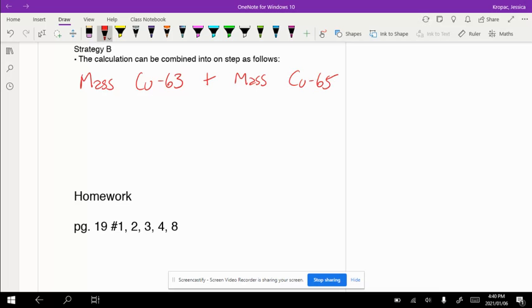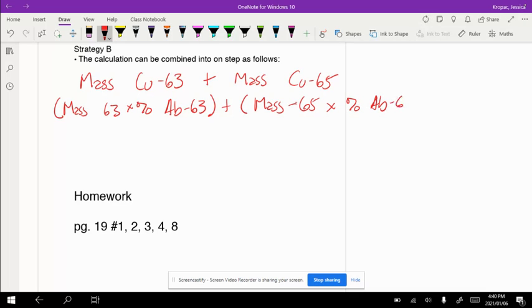Now remember, the mass is not just the mass, it also takes into consideration the isotopic abundance. So I'm going to take the mass of 63 times the percent abundance of 63, and add to it the mass of 65 times the percent abundance of 65.